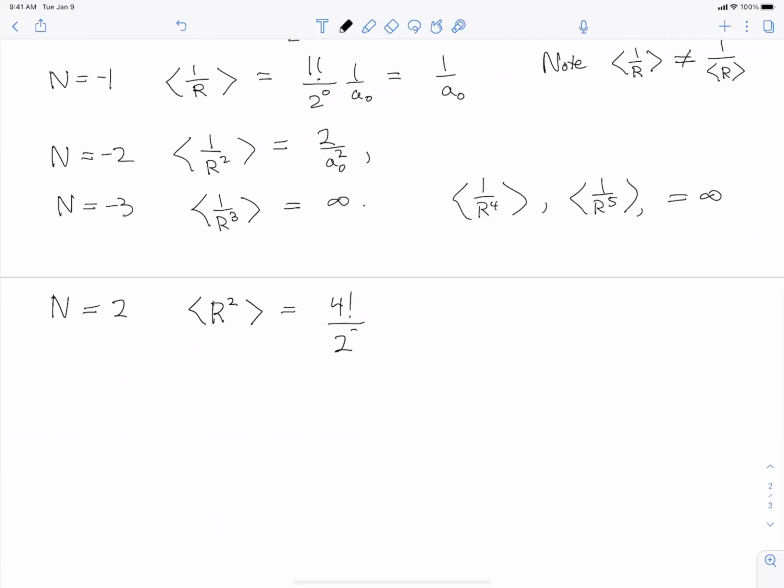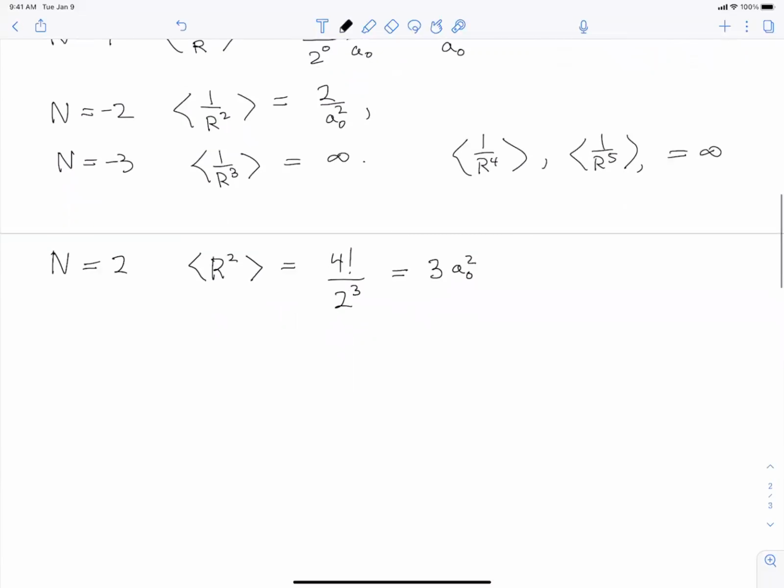So that's 4 factorial over 2 cubed, which is equal to 3 times the Bohr radius squared. Okay, and then you can continue on like this. The expectation value of r cubed turns out to be 15/4 Bohr radius cubed. The expectation value of r to the 4th is 45 over 4 Bohr radius to the 4th, and you can keep going as much as you want.